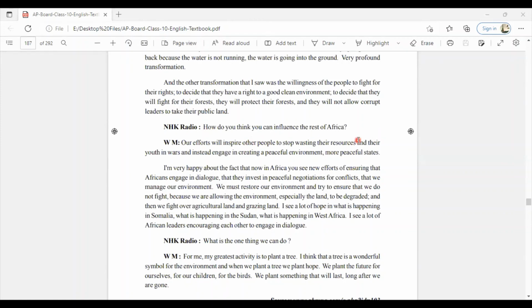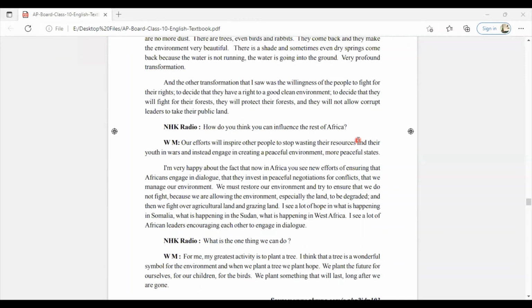She says that Wangari Maathai influenced the rest of Africa by her efforts. She says that our efforts will inspire other people to stop wasting their resources. If you just give the resources equally, share equitably with needy people, there will be good everywhere, and there will be peace from one part of Africa to the other.